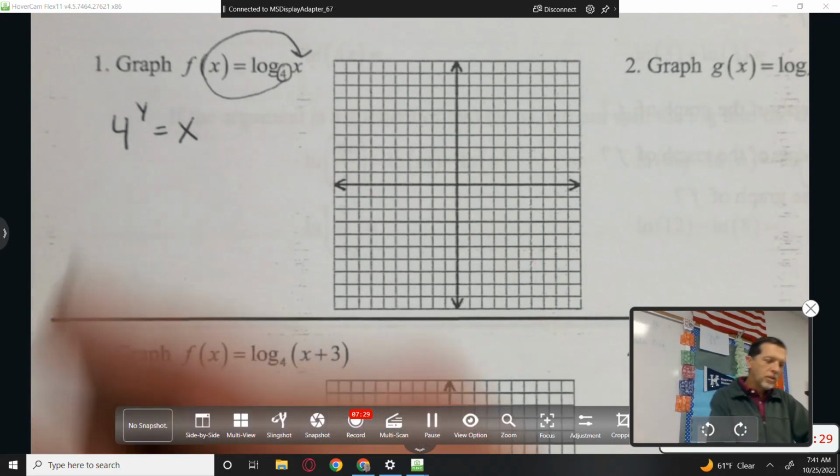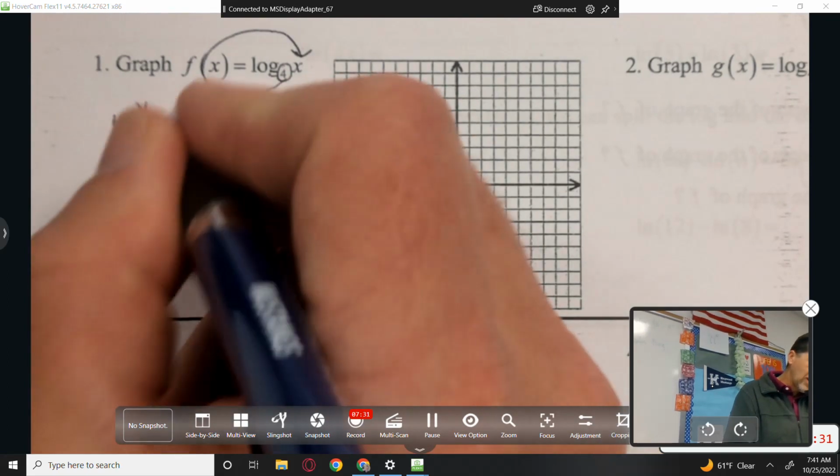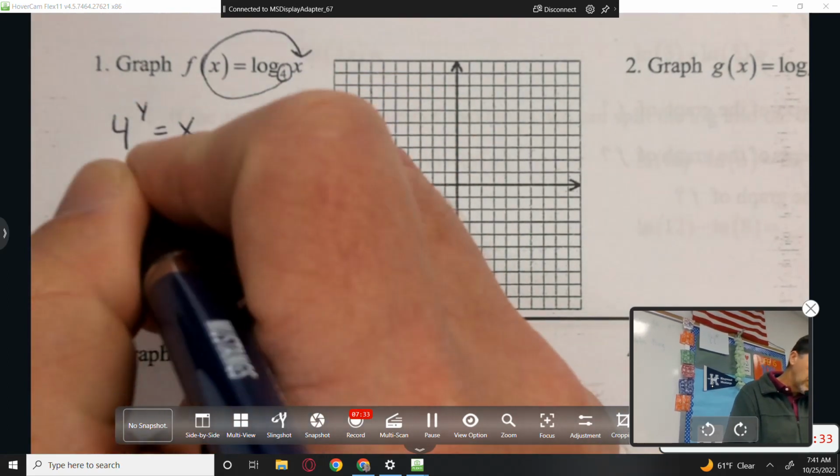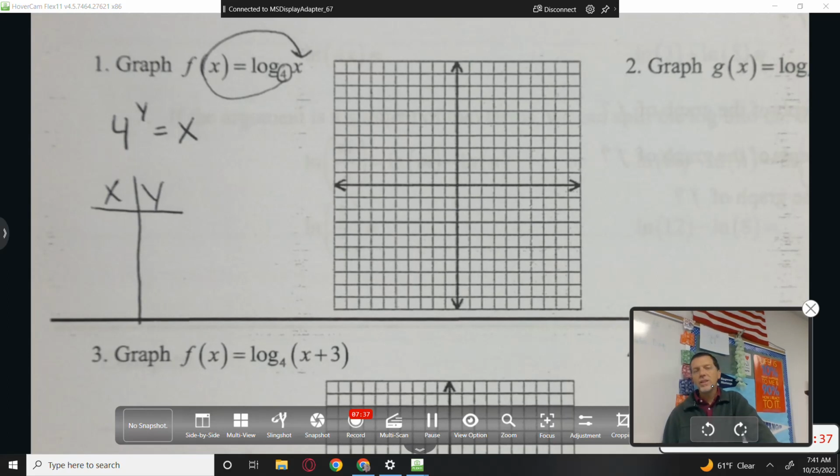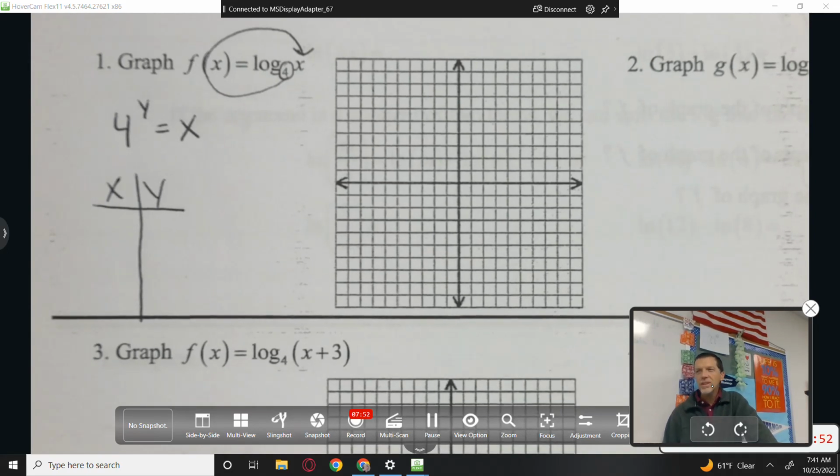So we graphed things like this yesterday. This is a little bit out of order, but I don't know what that looks like. Let's do a table of values. What's a little bit weird with this table of values from any other table of values that we've done? Do you know what's going to be weird or backwards about it?